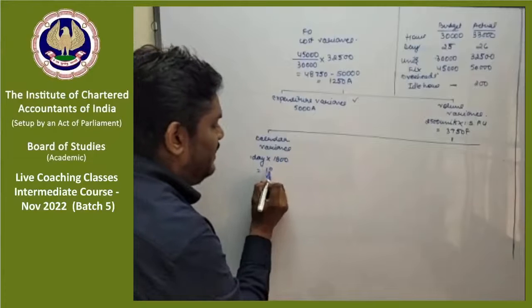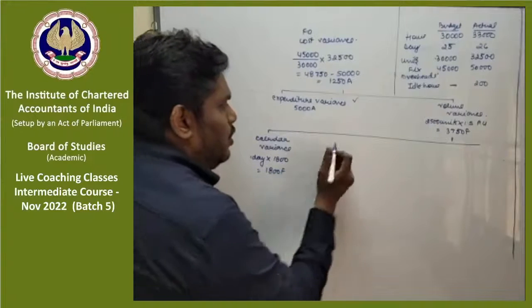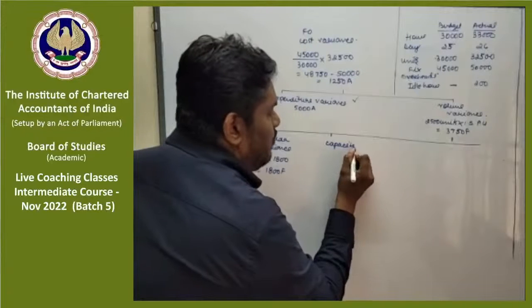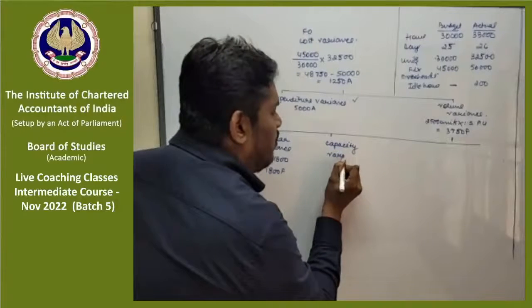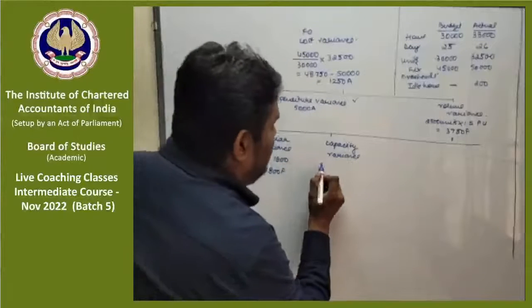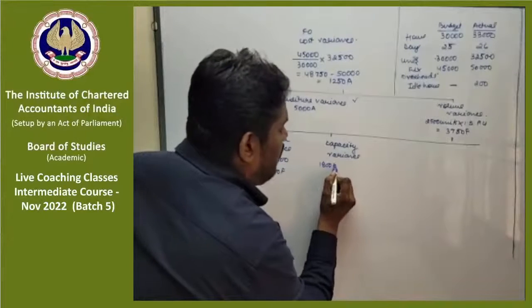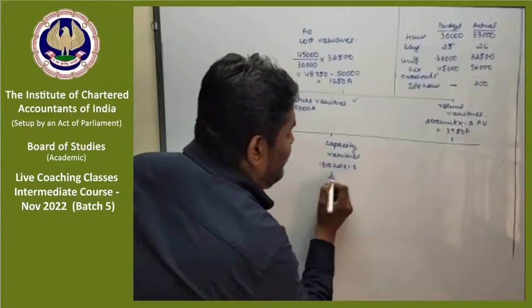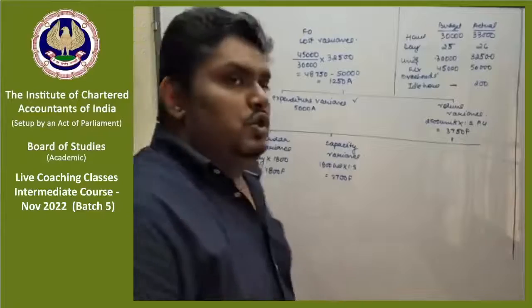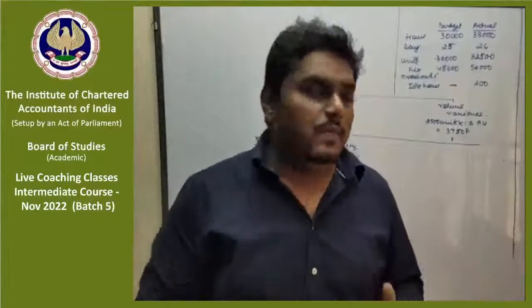So this will be 1800 favorable. No change in capacity variance also. That is 1800 hours into 1.5, that is 2700 favorable. So no change till now.